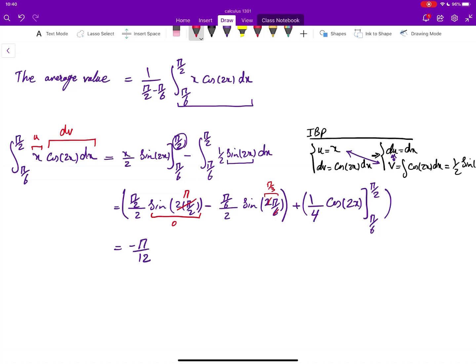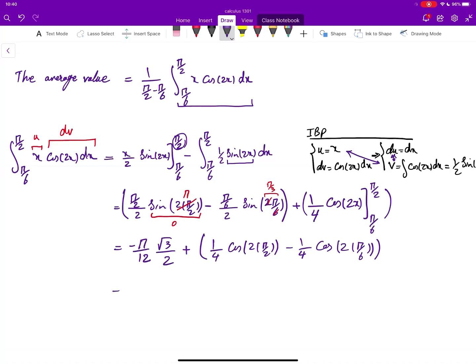Sine of pi over 3, or sine of 60 degrees, is root 3 over 2. That's the first part. The second part is you do half of cosine of 2 times pi over 2 minus 1/4 of cosine of 2 times pi over 6.